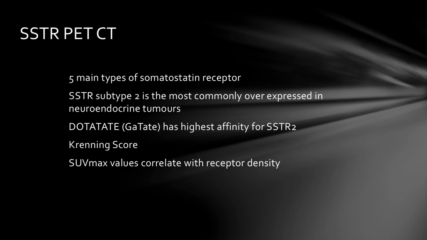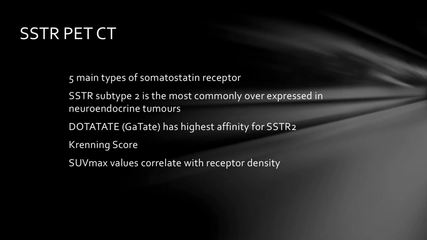You can only compare those numerical values for the same patient on the same scanner, which is why it's great when we have a patient having multiple scans on the same scanner over time, because we've got actual quantitative numerical comparisons between different scans.